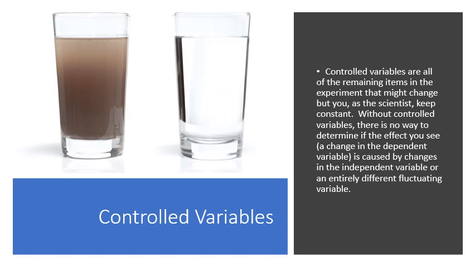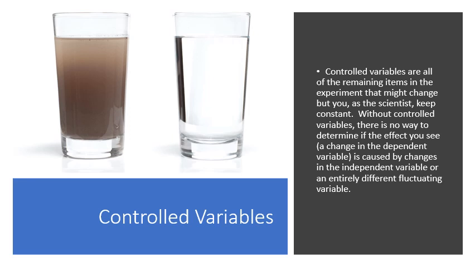And the last group of variables are called our controlled variables. Controlled variables are all the rest of the variables. They're the ones that you keep the exact same: the temperature, the light, the volume of water, and so on. By keeping these the same, you can make sure that what's causing the change in the dependent variable is in fact likely caused by the independent variable.